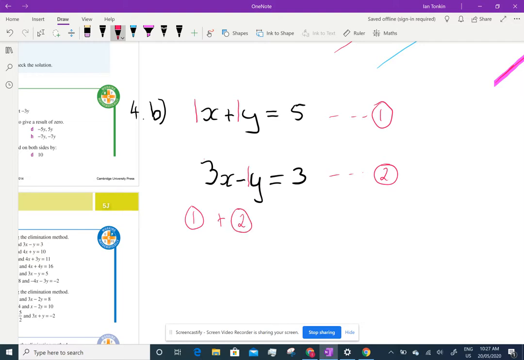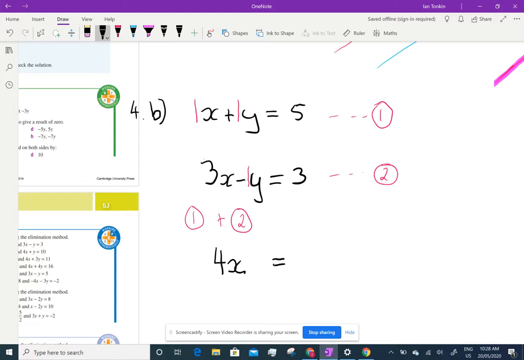Because I've set them up right above each other, the addition of these two things is quite easy. 1x plus 3x gives me 4x. 1y plus negative y eliminates. The y's eliminate each other. They go when I add them.